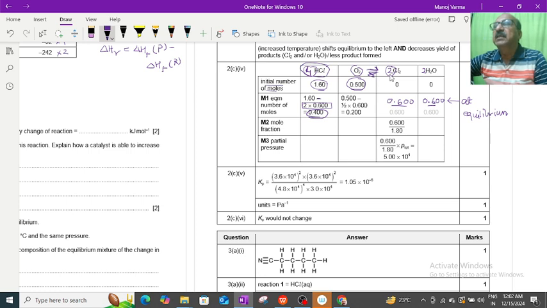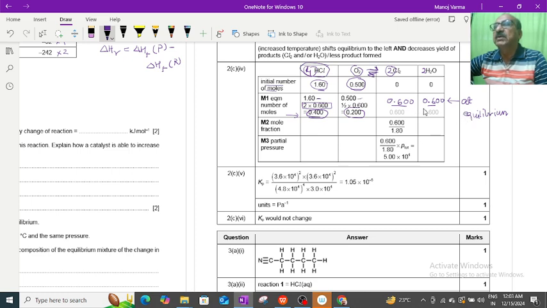But here, the ratio is 2 to 1, that means only half the amount of chlorine is used for oxygen. So half of 0.6 will be used up, and you will subtract that from the initial amount. So what remains now at equilibrium is 0.2. This is what you have to understand. So now at equilibrium, we have 0.4 moles of HCl, 0.2 moles of oxygen, 0.6 moles of chlorine, and 0.6 moles of water.